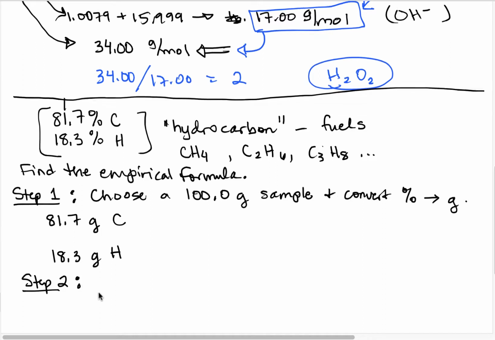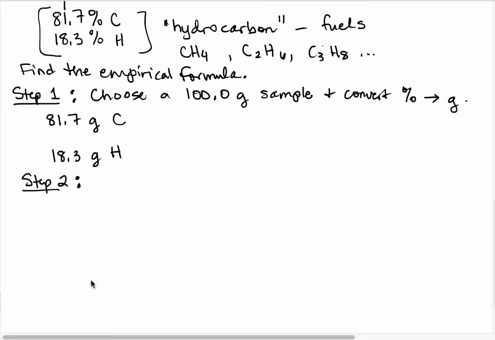Now, anytime we are interested in getting some kind of a chemical formula, we know that these are based on moles, right? These are our mole ratios of the elements in that compound. So our next step is going to be to convert grams to moles using the atomic weight for each element.